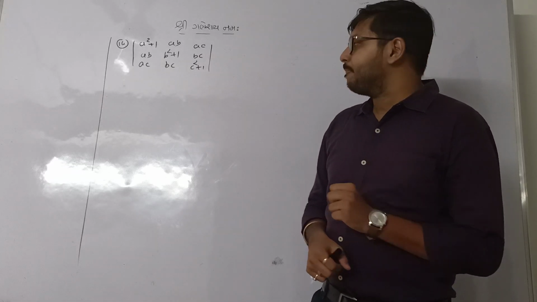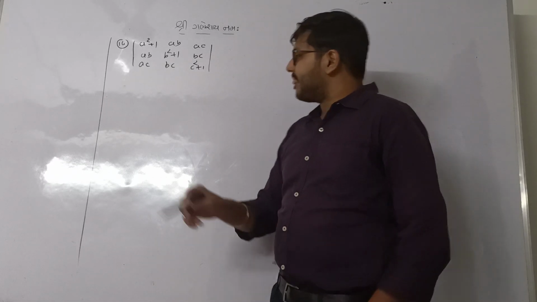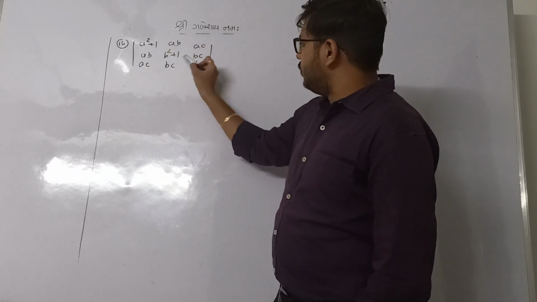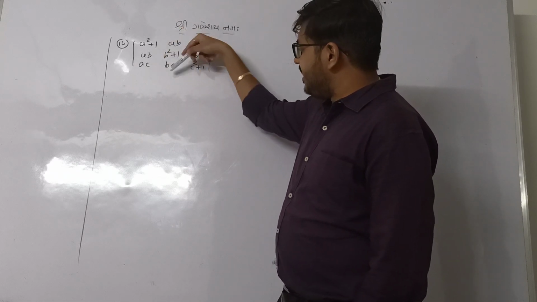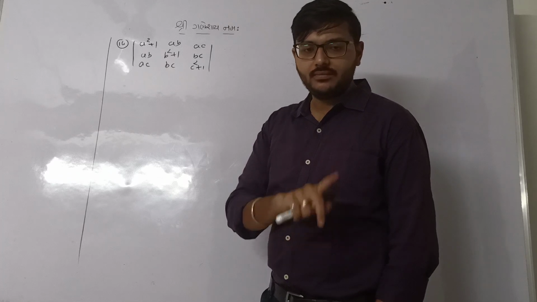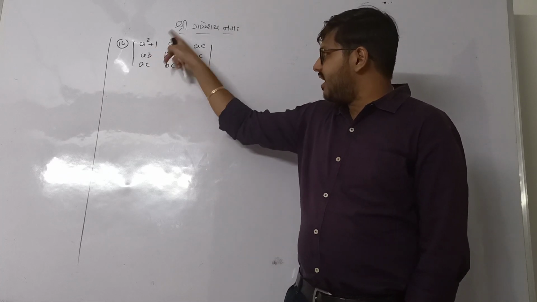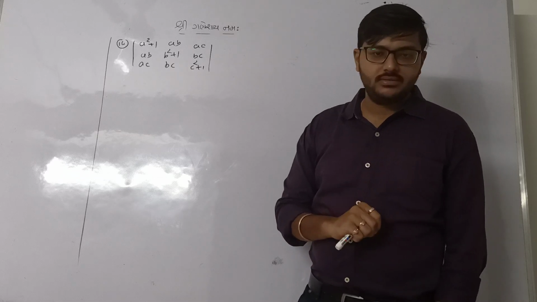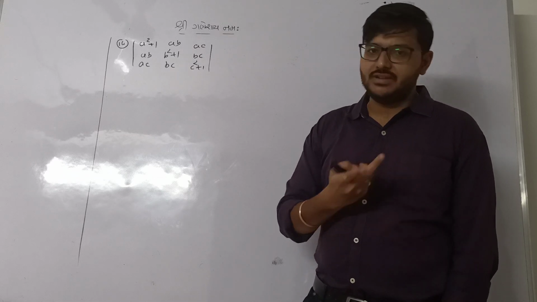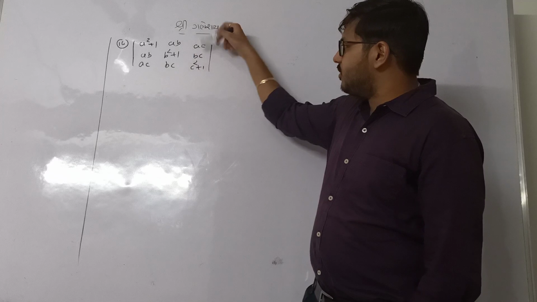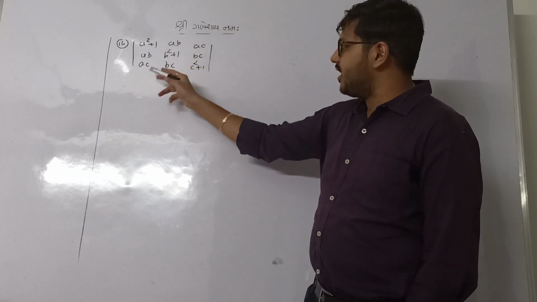So in that, first rule is either multiply in the rows and divide in the corresponding columns. Second, vice versa, that either multiply in columns and divide in the corresponding rows.